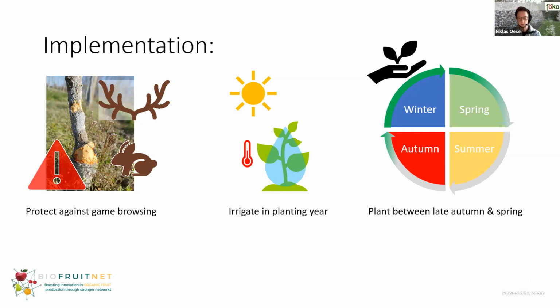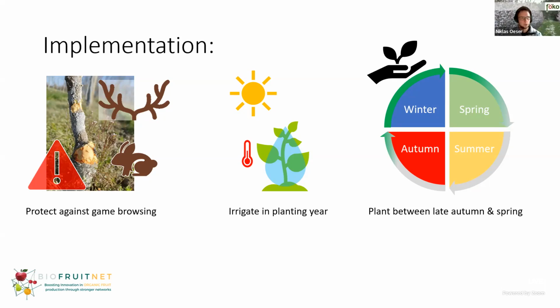Also, there are some other things you have to consider, like taking care that your seasonal workers don't cut off or rip off these young plants because they maybe do not know about their value or their sense and so on.